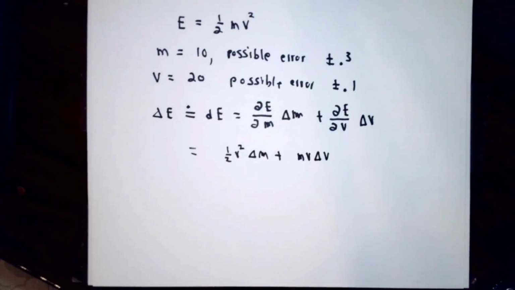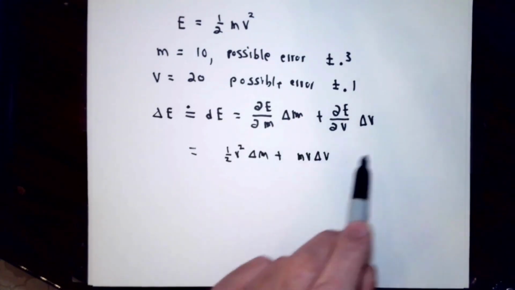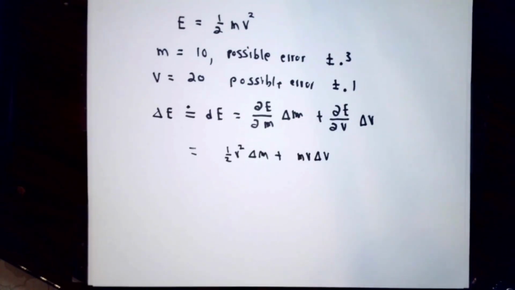For my mass, I'll use the measured value 10. For the speed, I'll use the measured value 20. And the dm and dv are how off I may be in my measurements of mass and velocity. This is where some books use a rather odd notation, which I'm going to avoid.